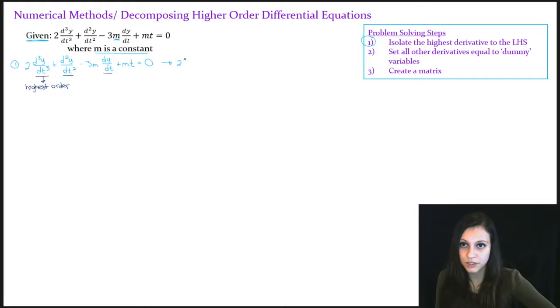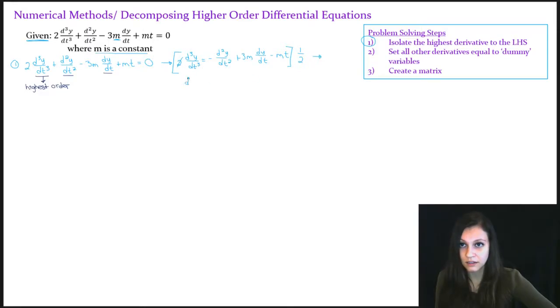So that will give me 2 times the third order derivative equals negative second order plus 3m times the first order minus mt. And then I'm going to take and divide everything by 2, which is the same thing as multiplying both sides by 1/2.